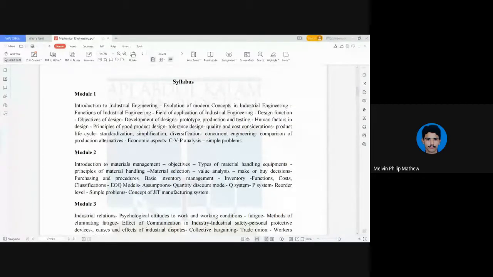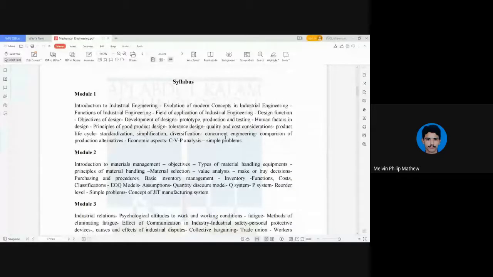Then comes the tolerance design, then quality and cost considerations, the product life cycle. So how is the product formed, and what is its life cycle, or the period of the product's production and its life. Then we are dealing with the standardization, simplification, and diversification of the product. Then comes concurrent engineering.